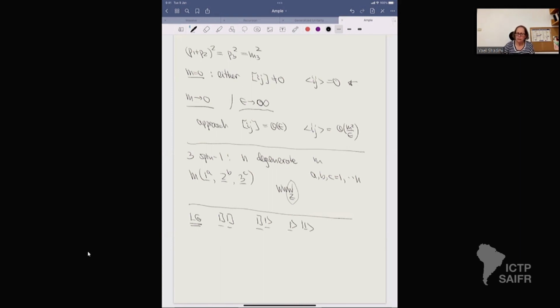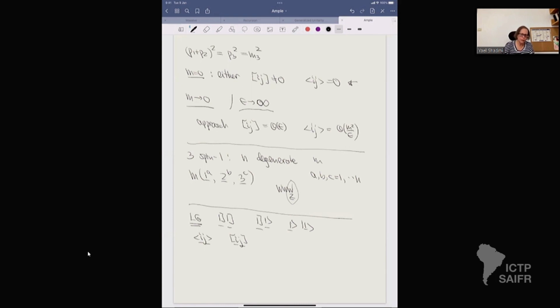Now it's very easy to see that the only things that can appear are things like ij angle or ij square. And notice now all my i and j are always underlined because I'm working with these in this massive spinor formalism.